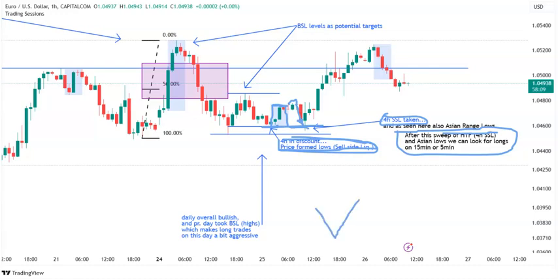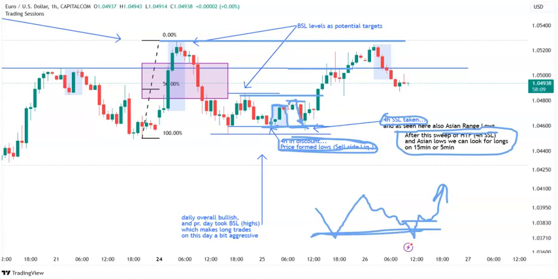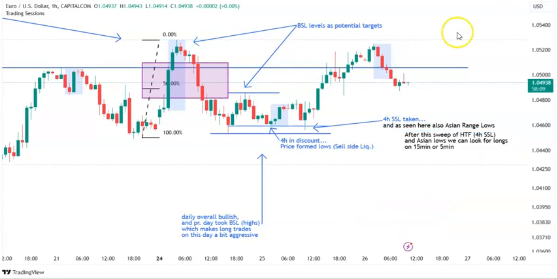If you see price having these higher time frame PD areas, like a fair value gap zone and previous lows or highs, and you see the market moving towards that zone, and you see a structure shift on the lower time frames, then of course you can start looking for a potential move to the upside in order to target the highs of the day or those 4-hourly levels up here as I mentioned before. So this is what we saw on that day.